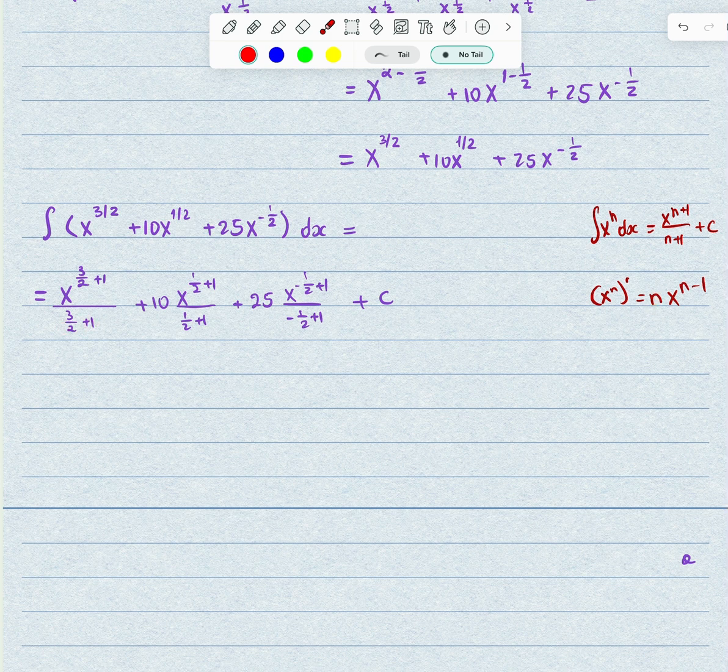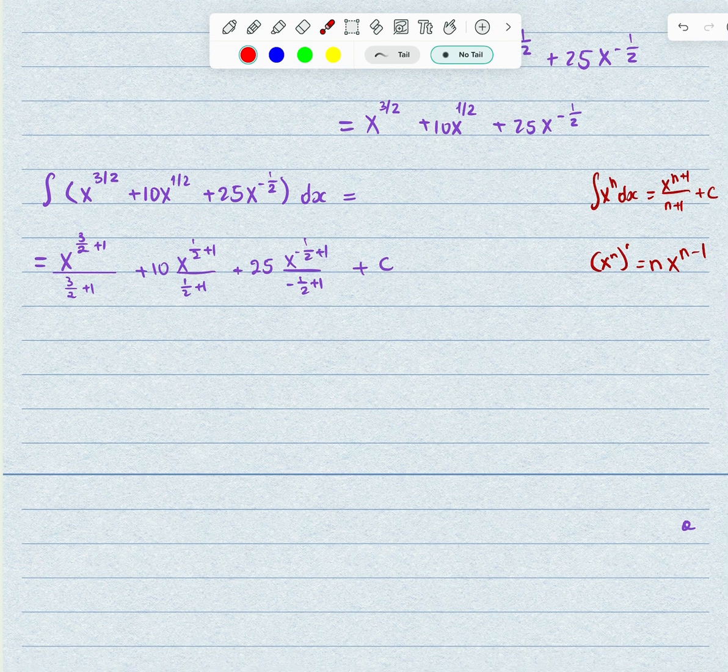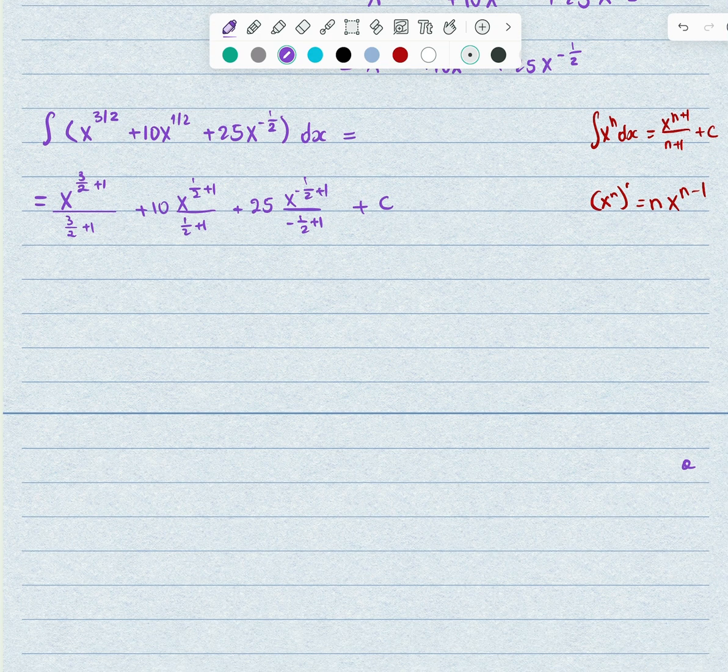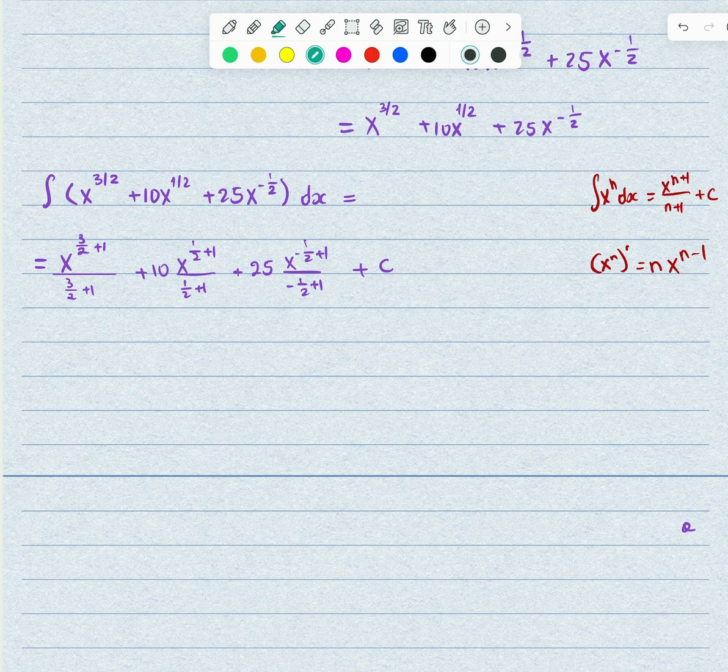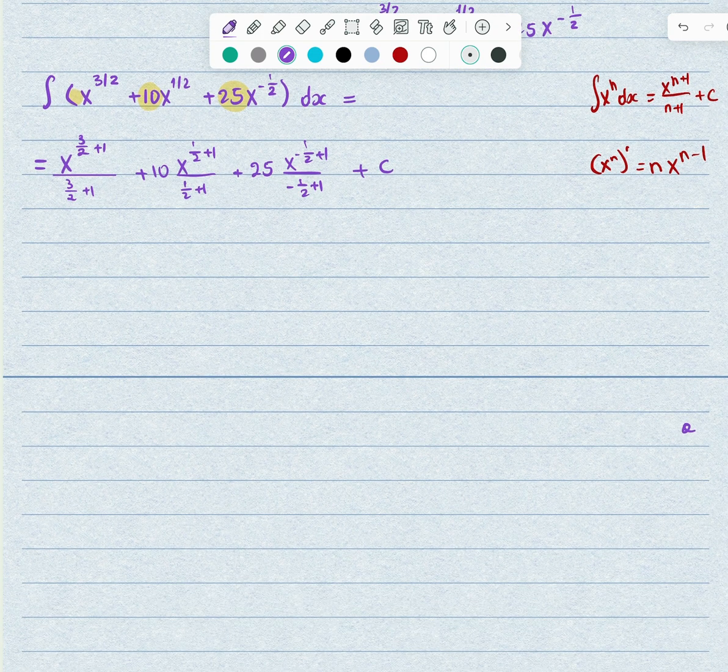And we are adding 1 to the power of x because we subtracted 1 from it. We're basically bringing it back. So the basic integral you need to remember as an antiderivative. It's basically the completely opposite operation to the derivative. Instead of multiplying by n, we just divide by n. The constants, like 10 and 25, and for example here we have actually the 1 there that we don't write, are also going to be multiplied. You just keep them there.